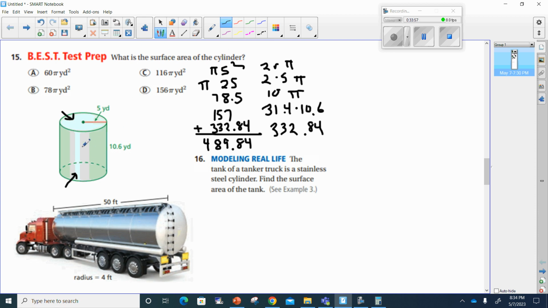Now it says, what is the surface area of the cylinder? Notice now, they left pi as part of their equation. So I wish I would have looked at those a little earlier. What we have to realize is we multiplied this to pi, over here, right? And over here.